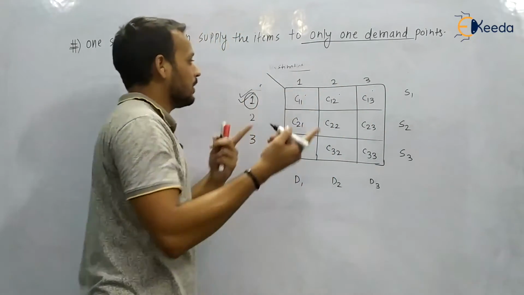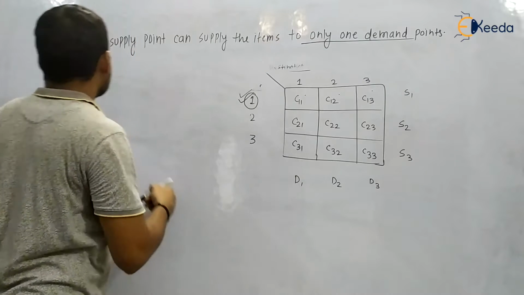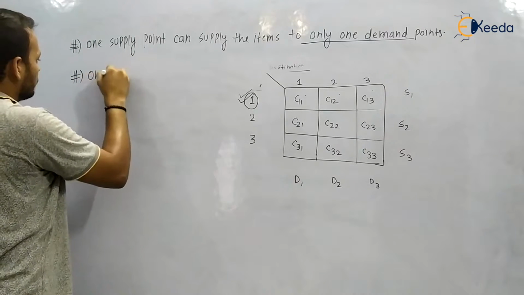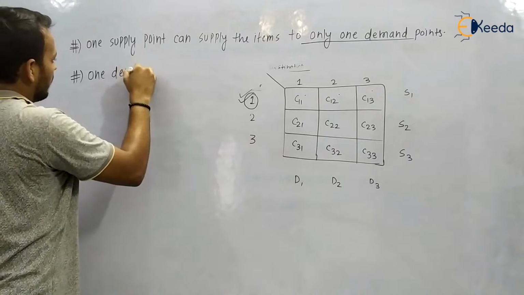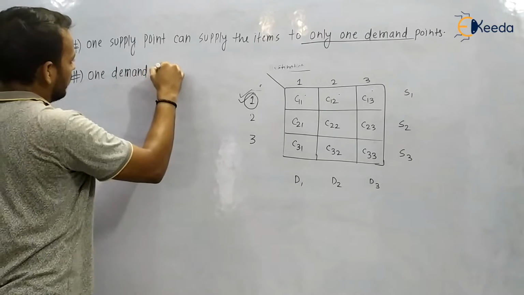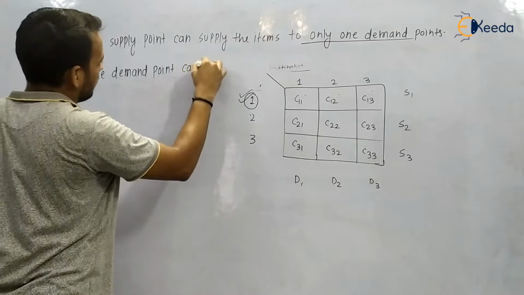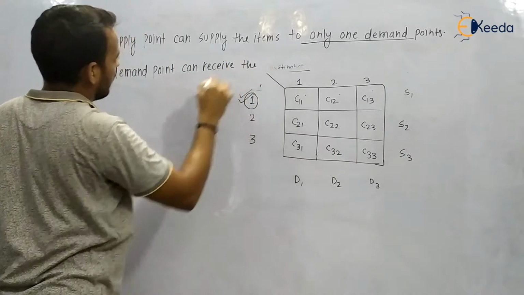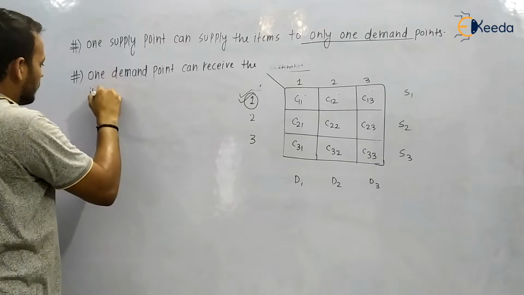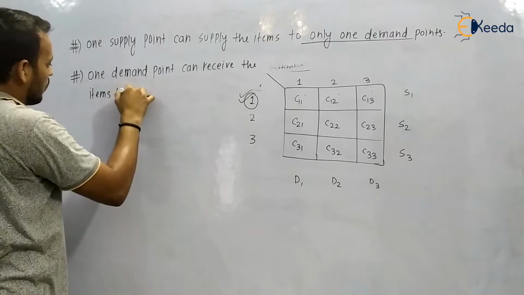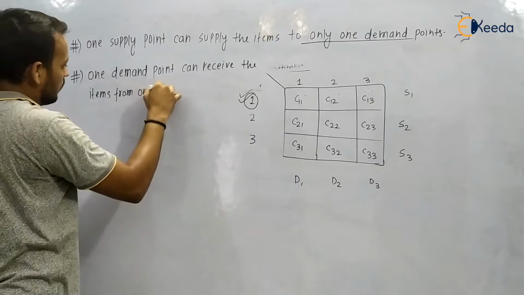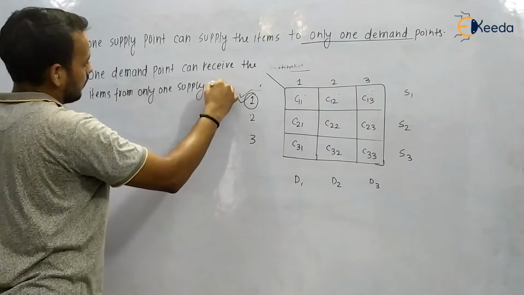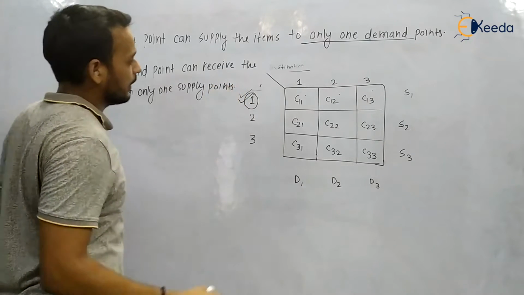The same is applicable for the destination also. It also says that one demand point can receive the items from only one supply point.